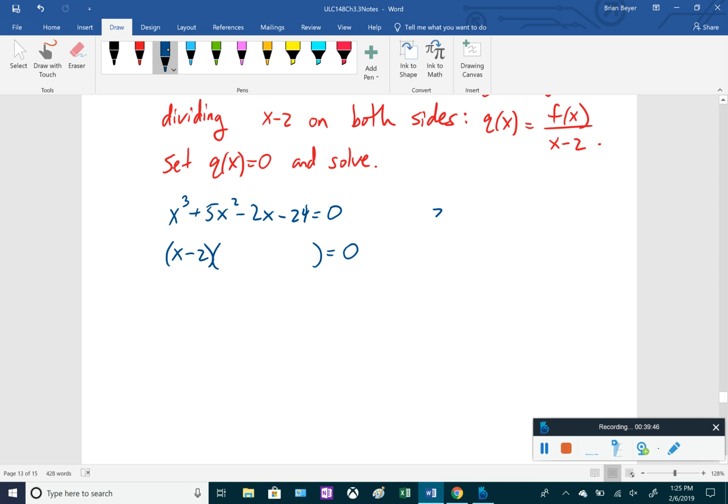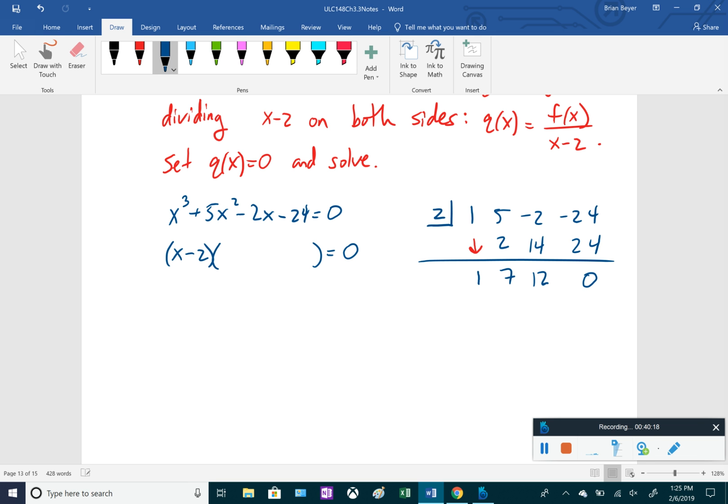So synthetic division here, we plug in our c value of 2. We put our coefficients of the dividend, which is just the function: 1, 5, negative 2, negative 24. And then we do exactly what we were just doing. We know the remainder is going to be 0 already, which it always will be for these questions. 2 times 1 is 2, add down 7. 2 times 7, 14, add down 12. 2 times 12, 24.